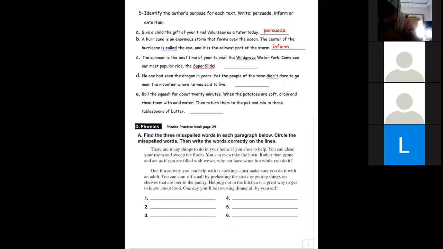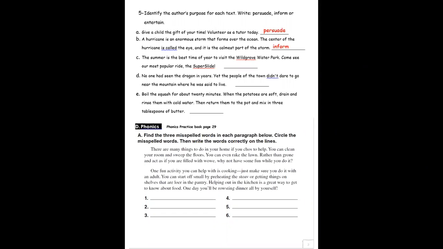Come see our most popular ride, the Super Slide. Entertain. Are you sure?